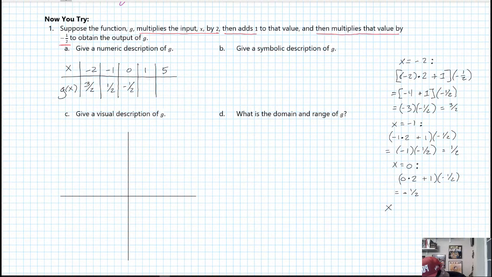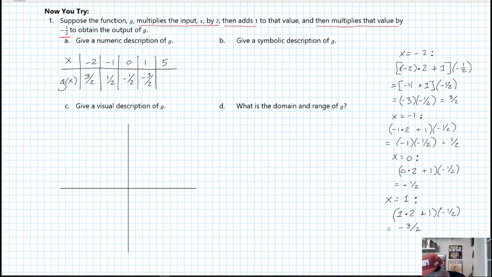And then we're going to try an input of x equals 1. So we're going to have 1 times 2 plus 1. Take all of that, after we've done that, and multiply it by -1/2. So we'll get 2 plus 1 is 3, times -1/2 is -3/2. Plug that into our table.